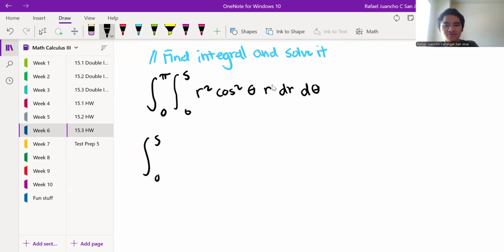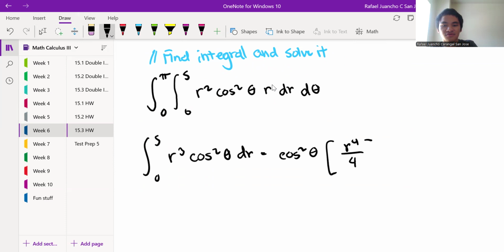There we go. So now we say, okay, this is r cubed. I could leave this whole thing out. This is r to the 4th over 4, from 0 to 5.